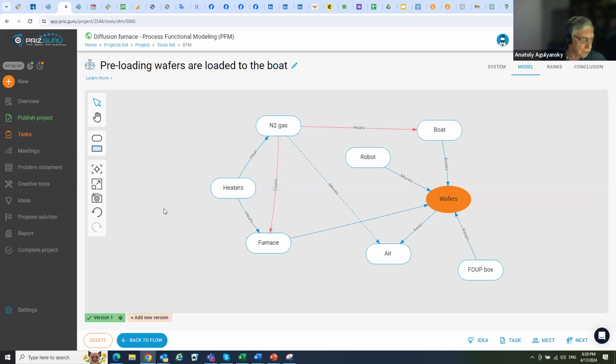And we have thermocouples. Well, I will write like this: thermocouples. They are heaters in form, and the furnace heats thermocouples.